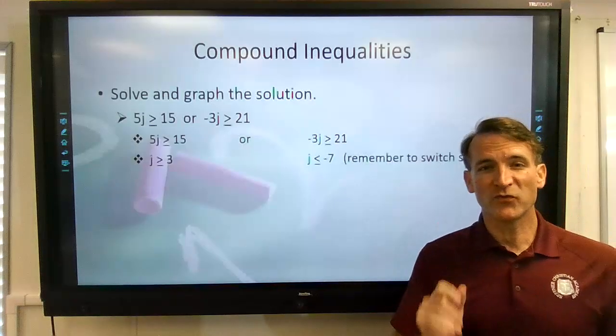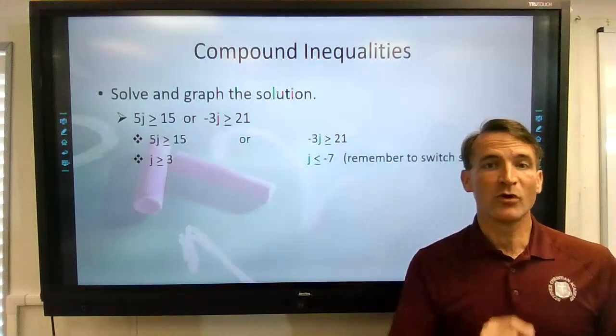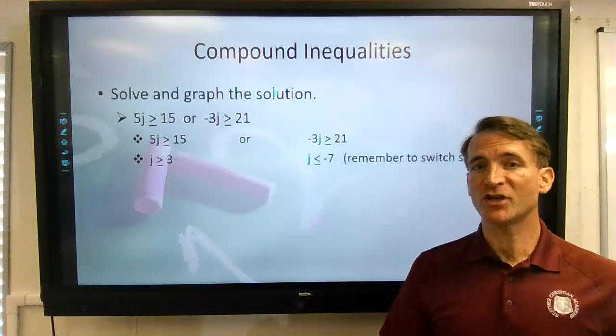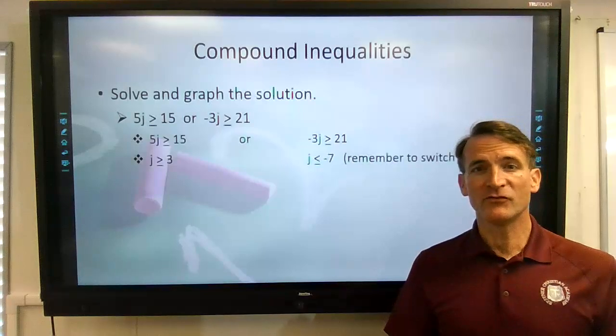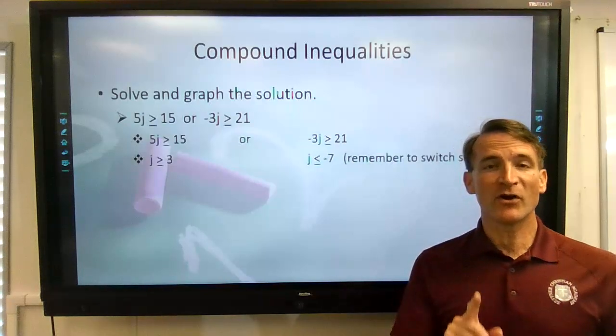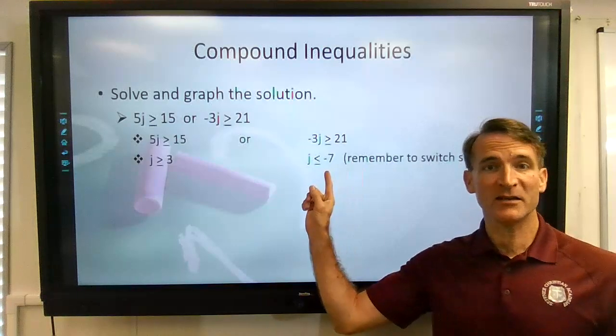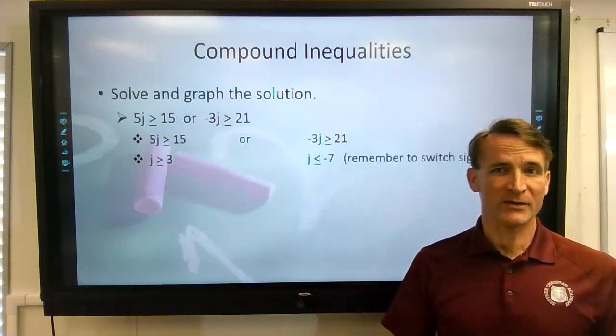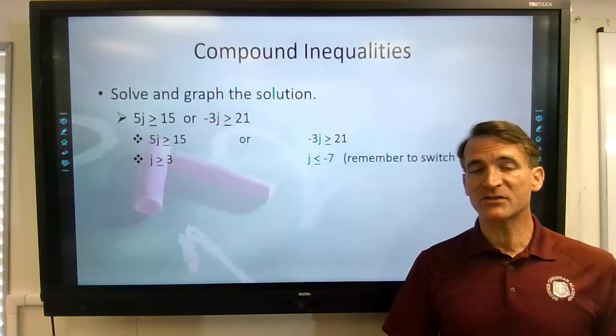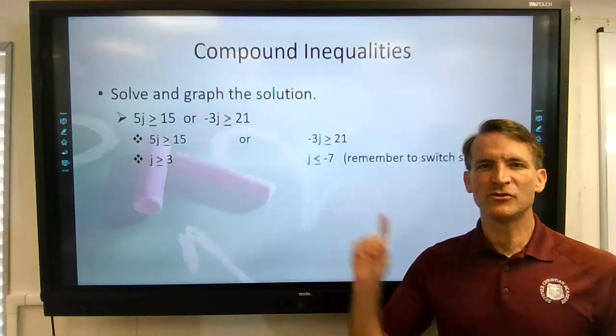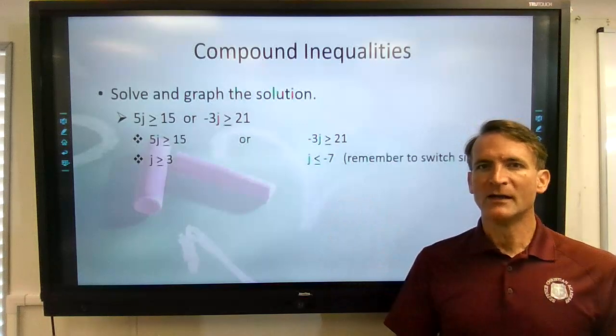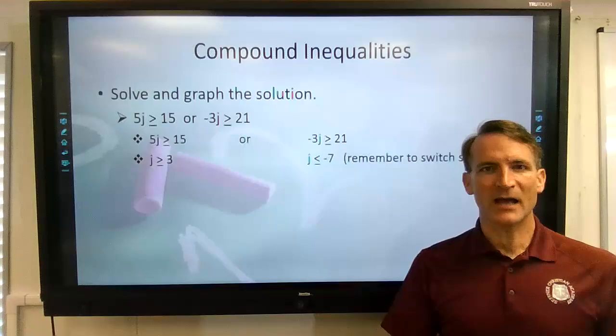Make sure you flip that sign around. This is one of the reasons why I really want you to check your final answers after you've drawn your number line. You will very rapidly catch that kind of mistake by checking your answers. It's going to become very obvious that you did something wrong. That's usually the first thing I look for. Did I forget to flip a sign around?